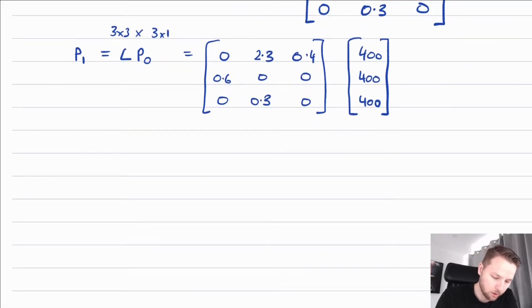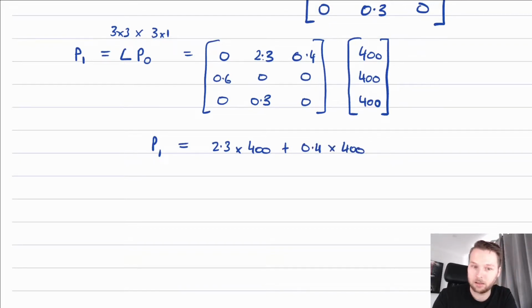Okay, so to do this multiplication, of course, row by column, we're going to end up with a 3 by 1 matrix. That's what we want. We want a population at the end of it. So P1 is going to be equal to 0 times 400 plus 2.3 times 400 plus 0.4 times 400. That's the first row.